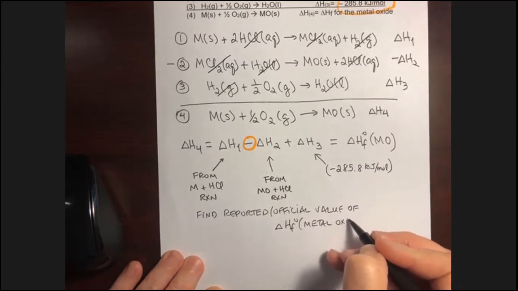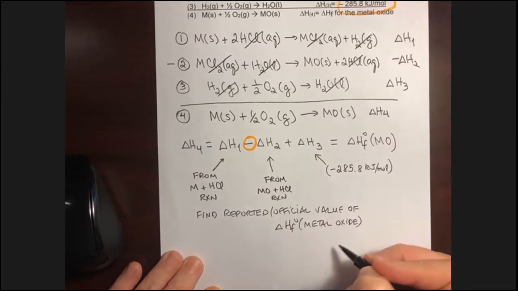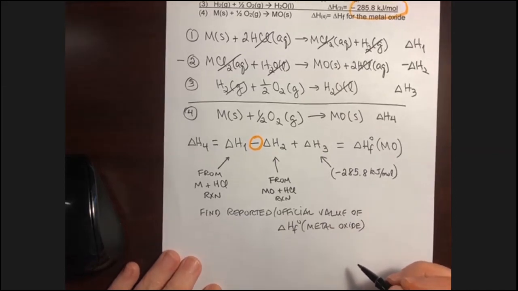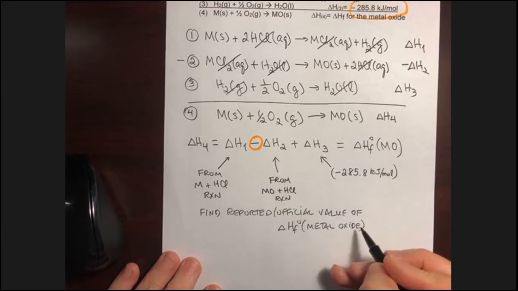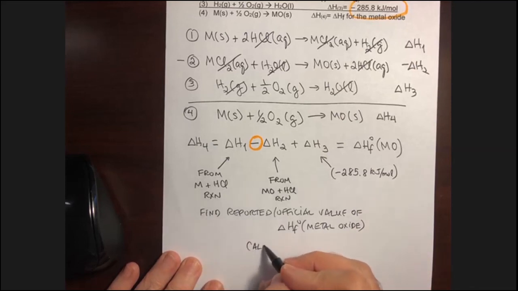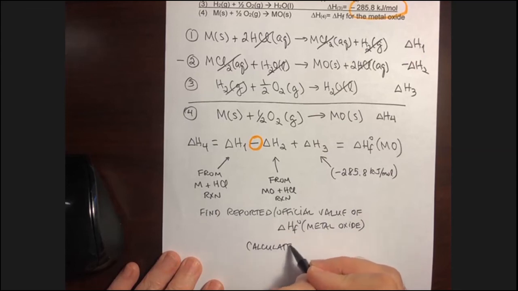So that could be either magnesium oxide or calcium oxide. In the instructions, we tell you what are some possible places where you can go, Appendix 2B of your TRO textbook, or you can Google it. Whatever the source is, please make sure you write down where you got the value from. And then what you're going to do is you're going to calculate your percent error.